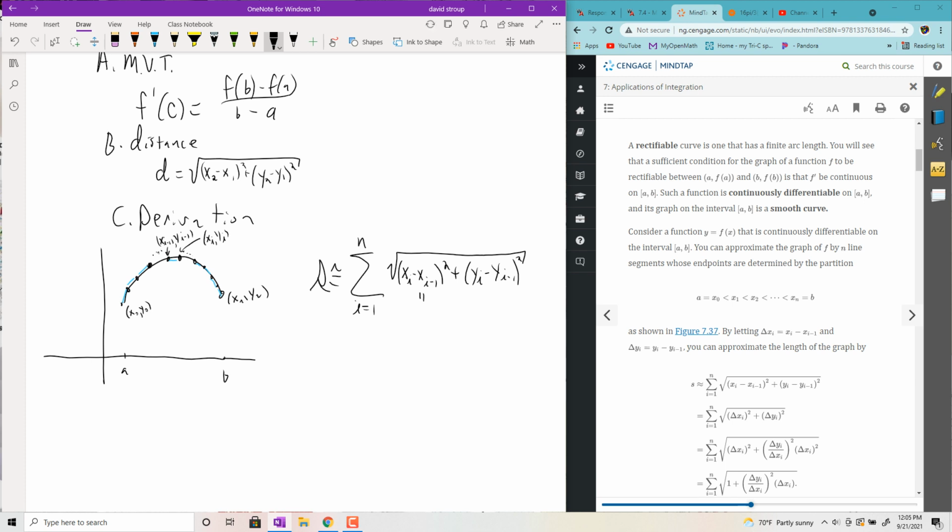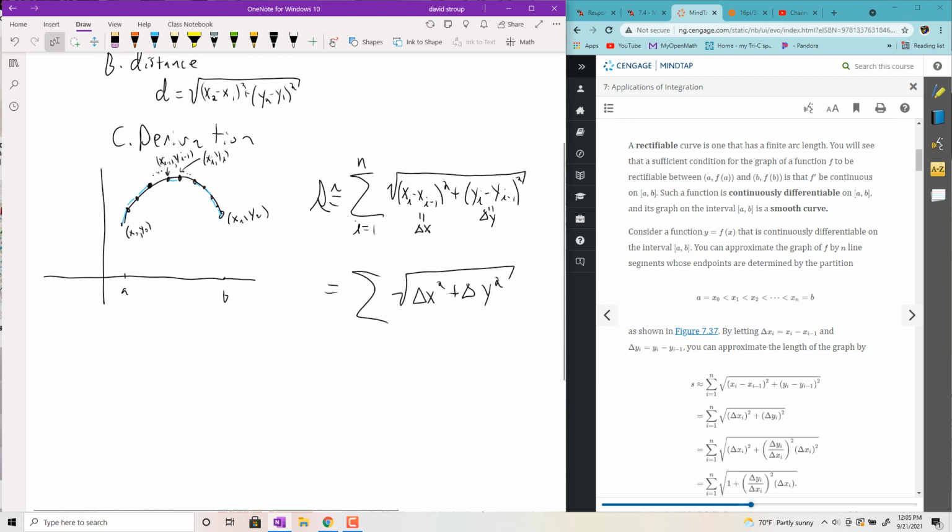Okay? So that'll give you the sum of the distances of all those little blue line segments. Let's go ahead and rewrite x sub i minus x sub i minus 1 as change in x, and this as change in y, just for notational issues. So we'll have the square root of change in x squared plus change in y squared. We can make it look like a Riemann sum. We need like some function of x here, f of x sub i times change in x, right?